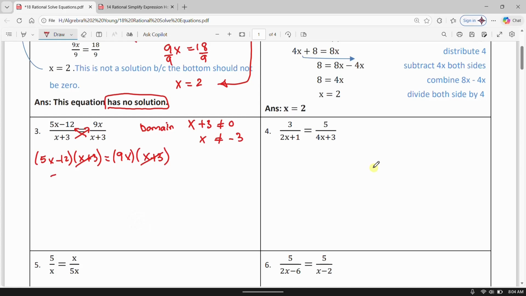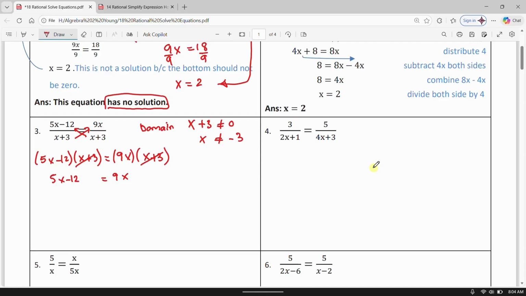We're going to have 5x minus 12 equal to 9x. We don't want to divide by 9 yet here. We need to group all the x together on one side of the equation. I always try to keep the equal signs straight down.